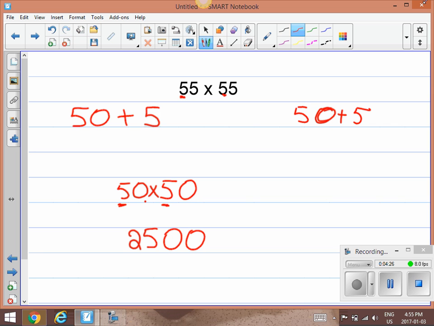The reason we know that is because we still have digits in the ones column. So we still have a 5 and a 5. If we multiply those together, we have 25. So our answer needs to be larger than 2,525.